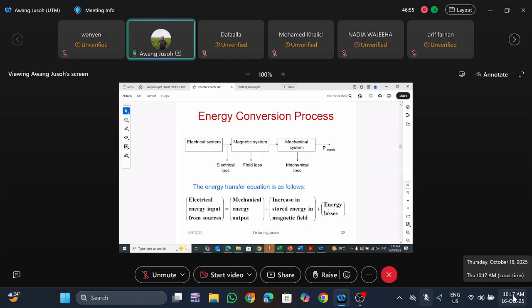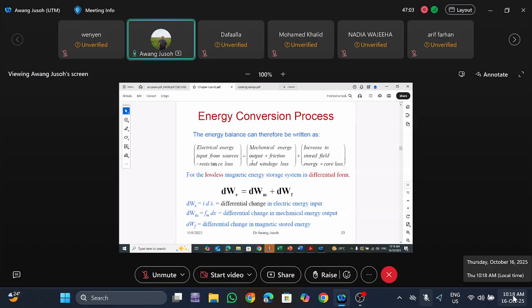Here we just make it total, but we can also represent it by electrical energy from source minus resistance loss equal to mechanical energy output plus friction and windage loss for the mechanical part plus increase in stored energy or decrease in stored energy plus core loss.